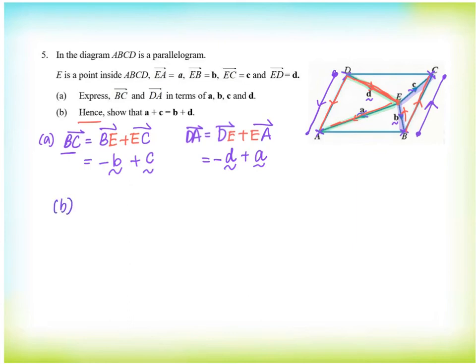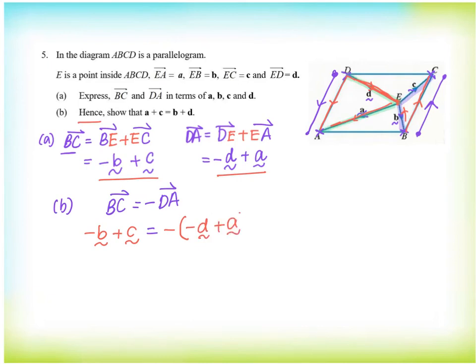So for part B, I can start off with BC is the negative of DA. Well, BC is represented by negative B vector plus vector C. And this will be equals to the negative of DA, which is negative D plus A, vector A. Let's simplify this a little bit.